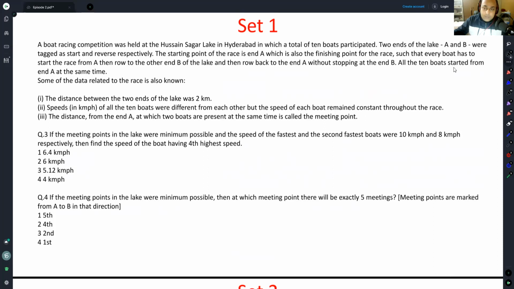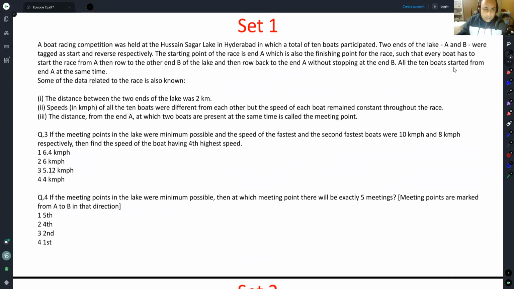Boat 9 has a speed of 8. Can you see the first two terms of the GP are given and therefore the common ratio is 4 by 5. So I can now get boat 8: 4 by 5 of 8, how much will it be? 6.4. And then boat 7 will be 5.12 and so on. Boat 6 will be 4.096.